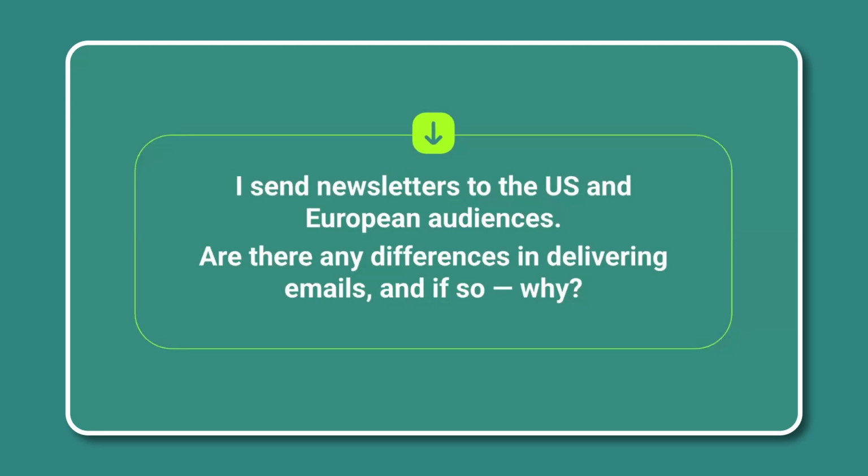And in the US, it's a bit different, because with CAN-SPAM, you can also send to people who showed legitimate interest in your emails, not necessarily explicit double opt-in consent like in Germany. So these would be the two main differences.